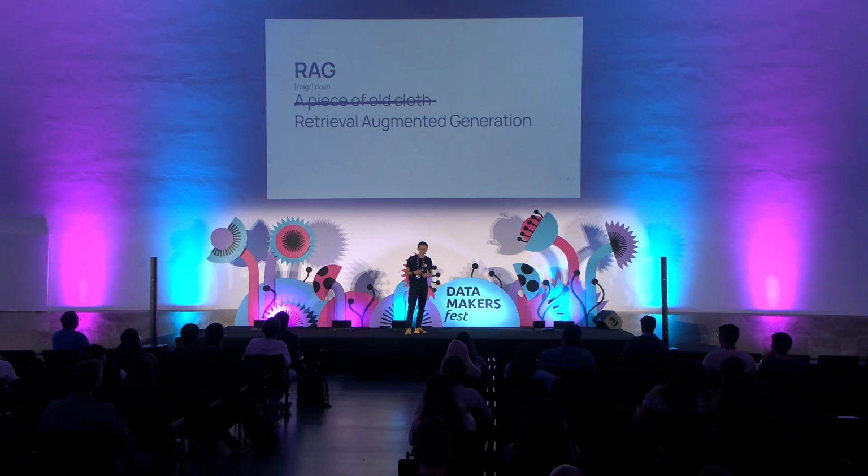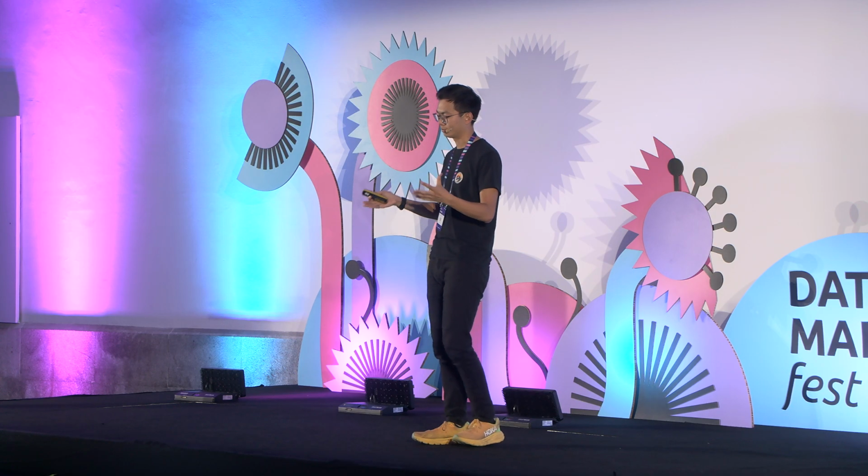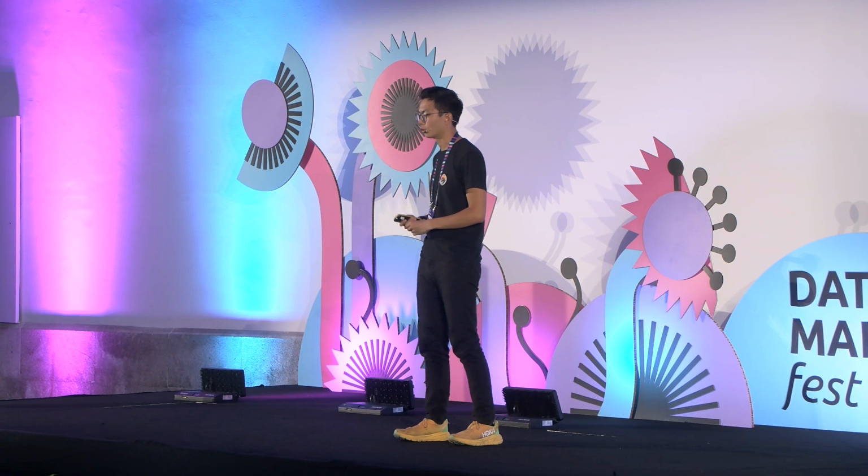So as we deploy these into production, we often realize that things that work well in a controlled environment don't usually translate that well into the real world. Going to production is never easy, and RAG apps are no exception.